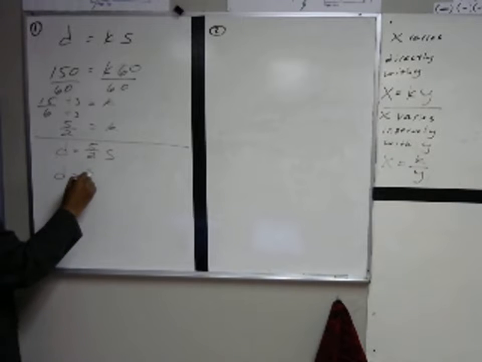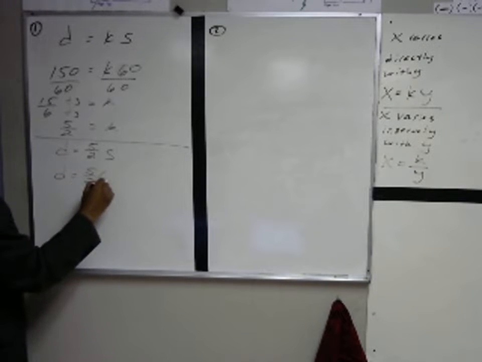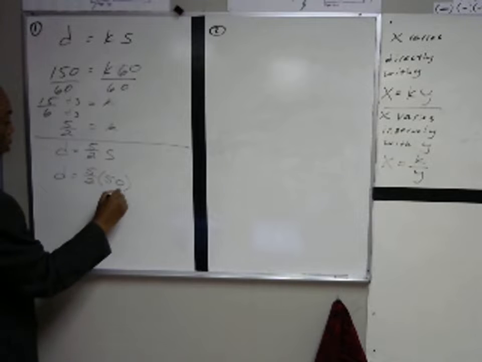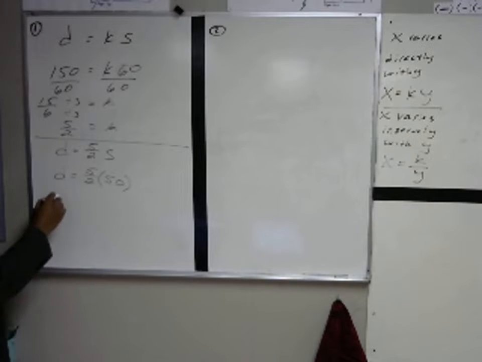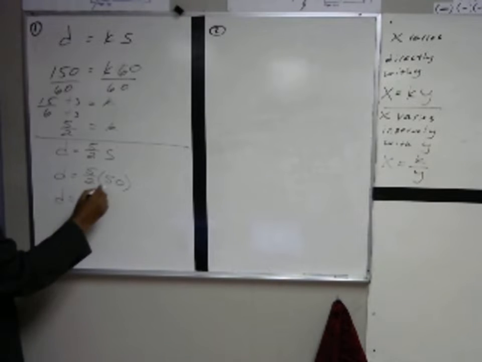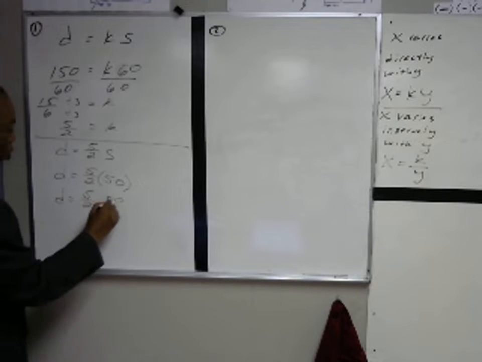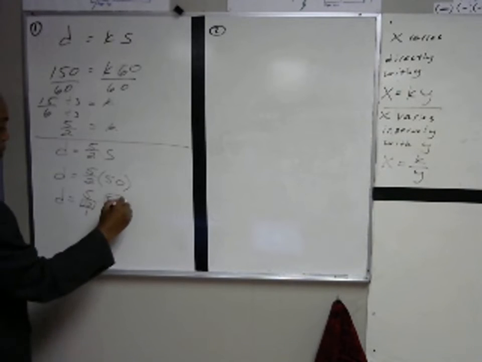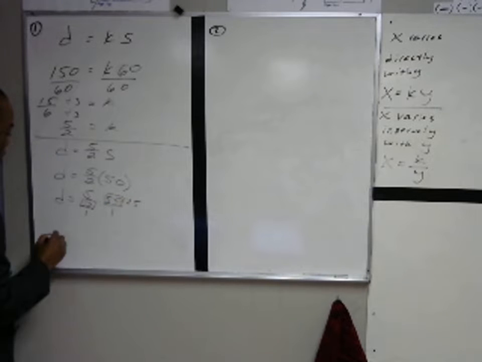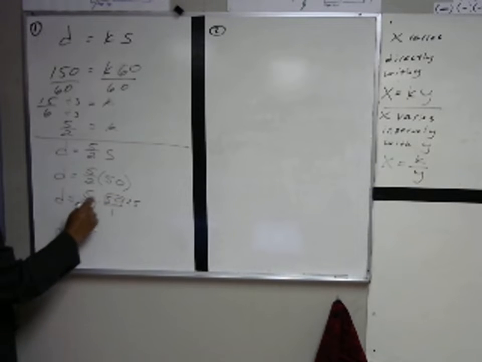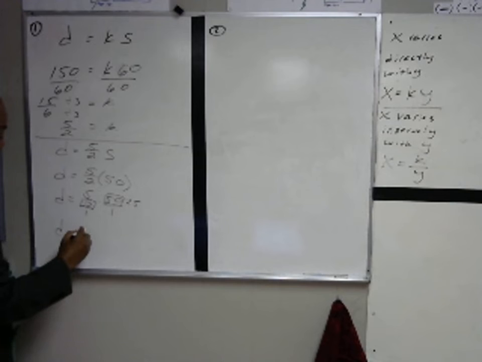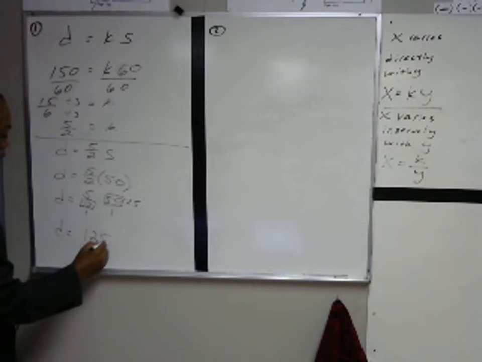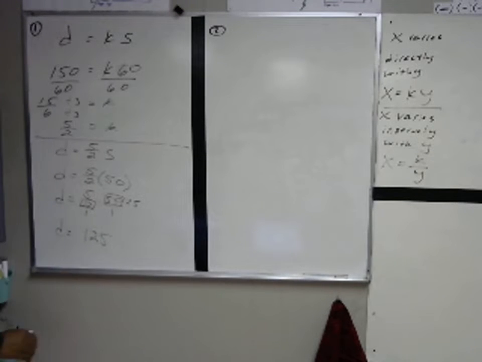So, with the constant of 5 over 2 and a speed of 50, I'm going to put a 1 under that 50. So what we get is 50 over 1, and I would simplify these two. This will become a 1, and this will become 25. And now it becomes 5 times 25, which is 125. And your distance is 125.